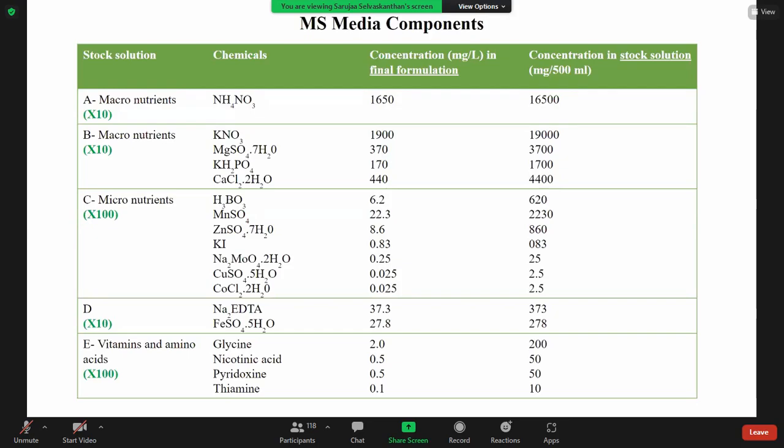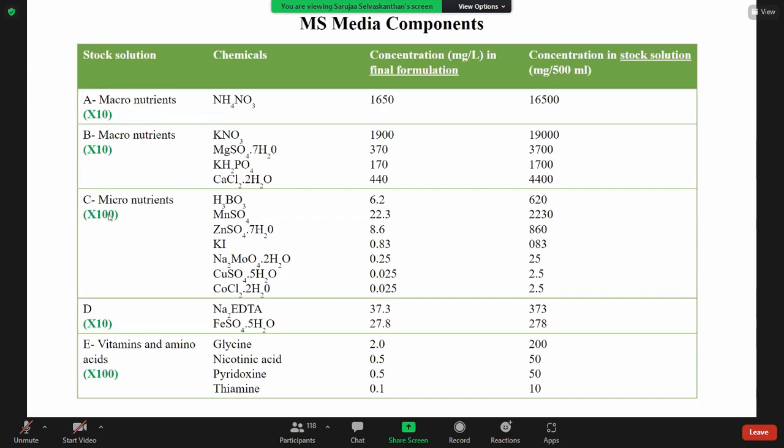Here, the first column, look at here, the stock A. Stock A consists of macronutrients, mainly the nitrogen, right? Stock B, again macronutrients, I already told you: nitrogen, potassium, magnesium, phosphorus, calcium, these things we have to add in stock B. And stock C, micronutrients, right?